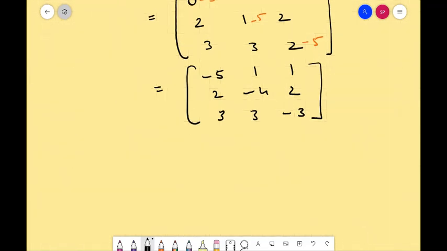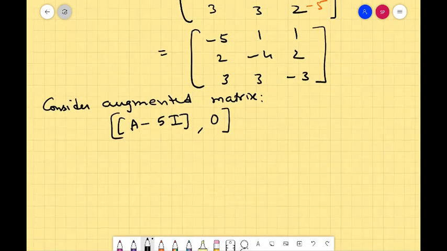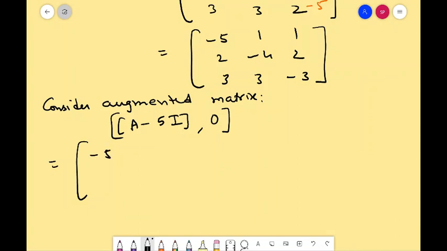To solve this, consider the augmented matrix (A minus 5I, 0), which is minus 5, 1, 1, 2 minus 4, 2, and 3, 3 minus 3, with zeros.